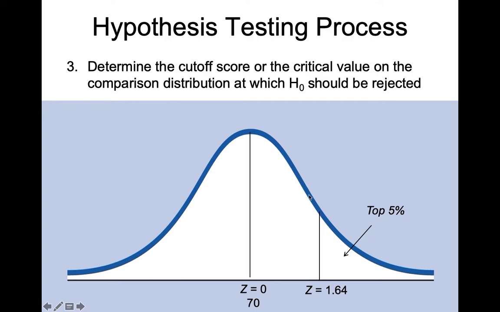So what we're going to say is, well, okay, among the person that we gave the money to, if their score would land in this critical region, we're going to say, that's not typical. That's not typical of normal folks. Hence, it must be the case that money had an effect, because it's just not typical to get a happiness score that is this high.